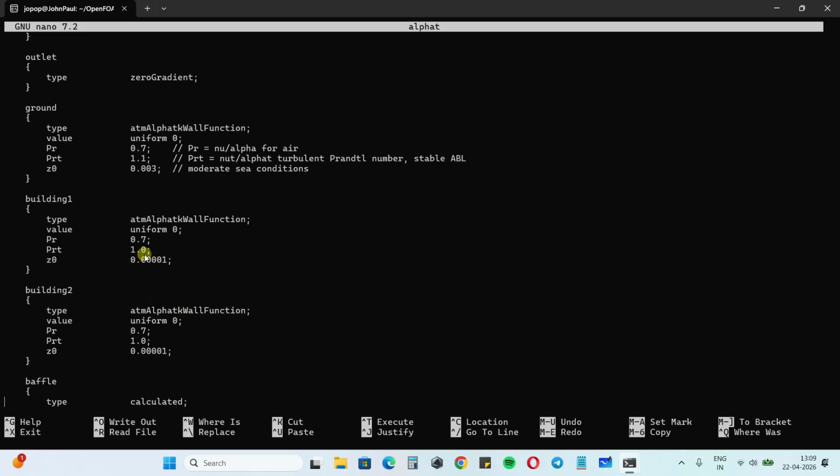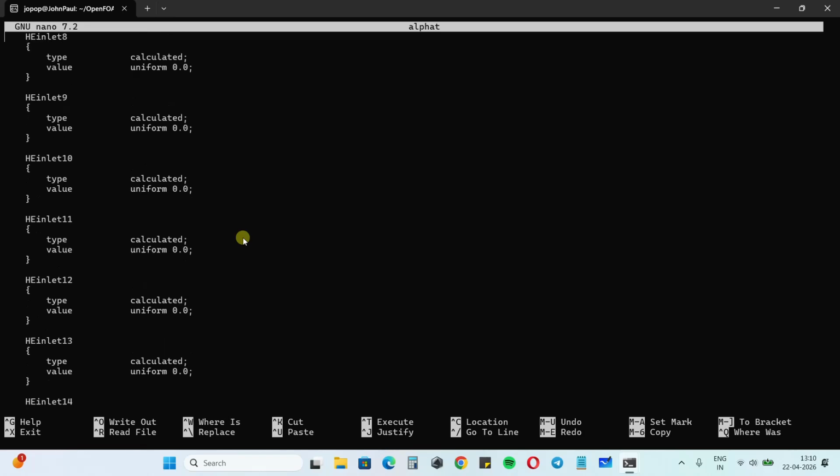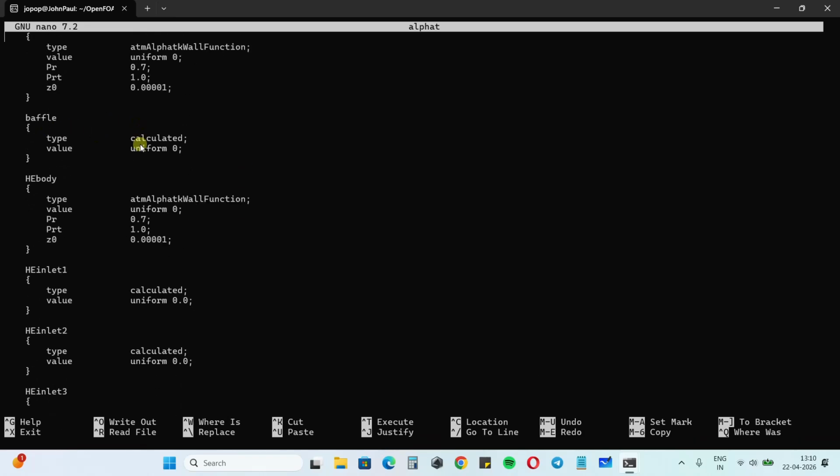I'm using 1.1 and 1 for the simulation. Again, if you go to the end, we are using calculated for inlets and zero gradient for outlets. And one more thing: throughout the boundary conditions file for the baffle geometry, we are using either calculated or zeroGradient. You don't have to worry about what the boundary for the baffle should be.